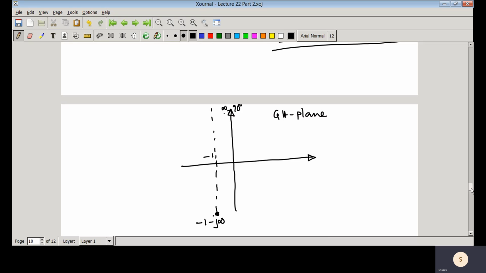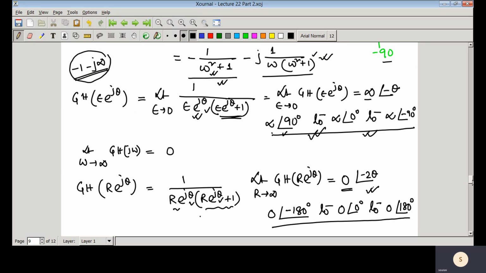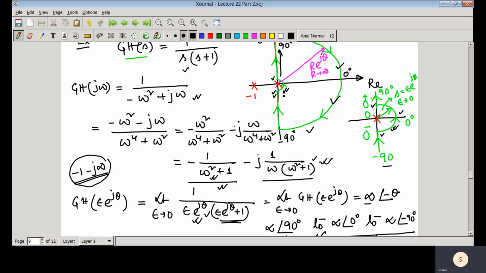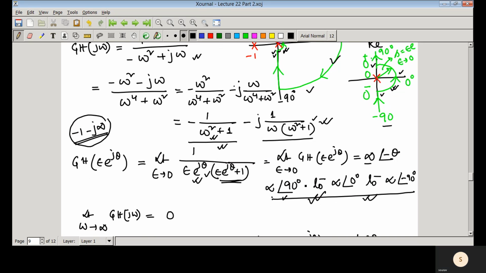So whenever omega is tending to 0 and you are at 0 minus, then that value is coming minus 1 j infinity.